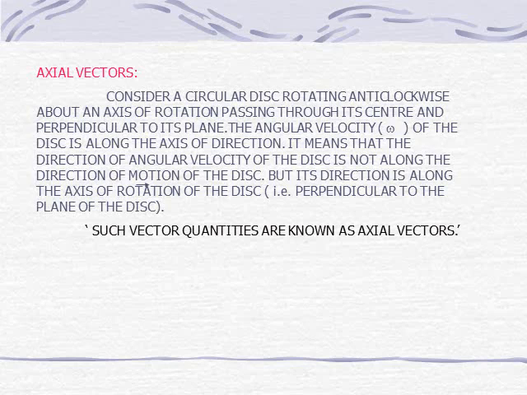It means that the direction of angular velocity of the disk is not along the direction of motion of the disk, but its direction is along the axis of rotation of the disk, that is perpendicular to the plane of the disk. Such vector quantities are known as axial vectors.